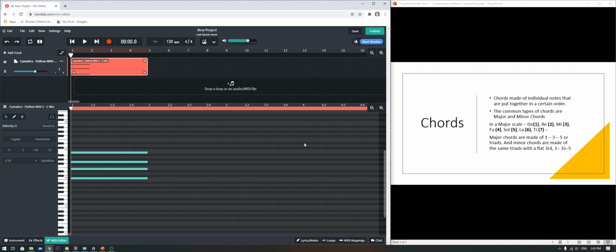Also, let's say you want to make a major six. How do you make a major six? Find the sixth note of that scale, which is just right there, and you've got a major six. What about the two and four? Those are called the suspended chords.